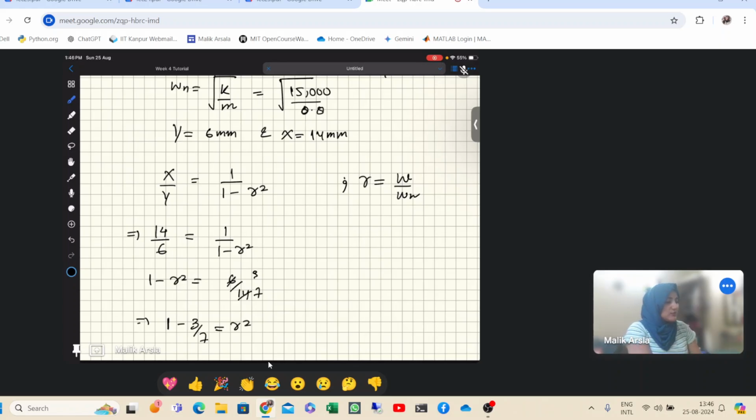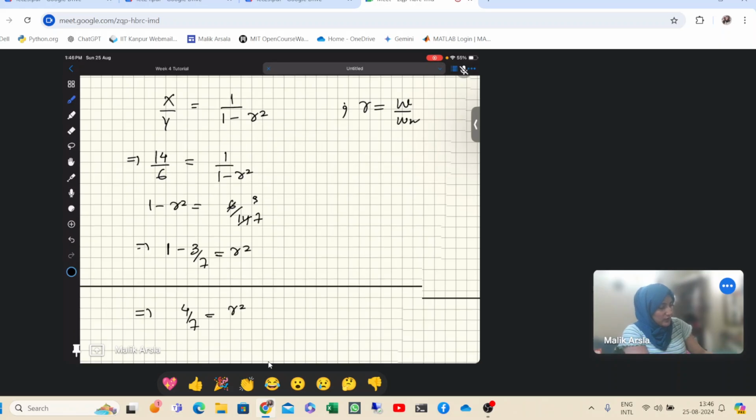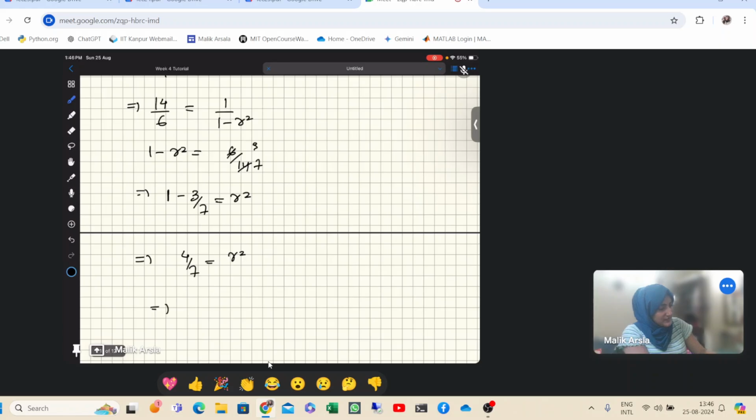Remember I said that we will always open this 1 minus r square with the modulus, depending, because it's always positive. So here I have opened it like 1 minus r square because it will be coming out to be positive. So here it will be 7 minus 3 upon 7, that is 4 by 7 is equal to r squared, right? So it implies omega by omega n is equal to under root of 4 by 7.